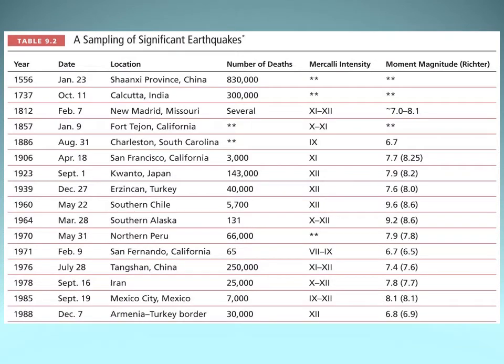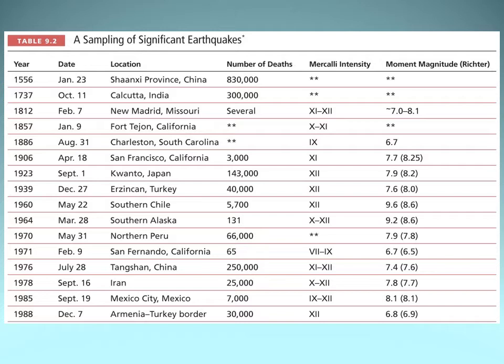So here's a sampling of significant earthquakes going back about 500 years ago. The deadliest earthquake that we know of occurred on January 23rd of 1556. It killed 830,000 people in China. Now back then we didn't really have a way to rate these magnitudes.